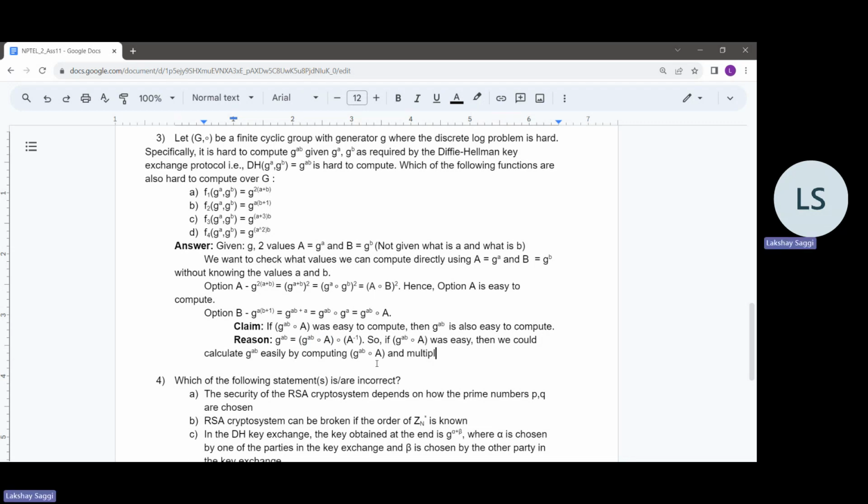I'm just saying multiplying, but by multiplying what I mean is actually taking this operation with A. So sometimes a lot of people in group theory denote this operation as multiplication, but note that this is not the standard multiplication. It can mean multiplication in other senses also. So yeah, and multiplying it by A inverse.